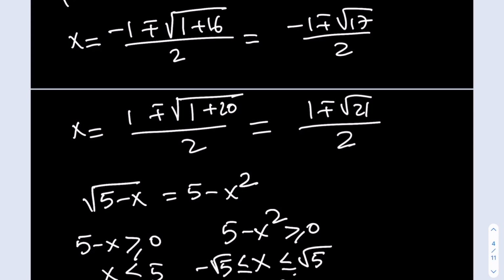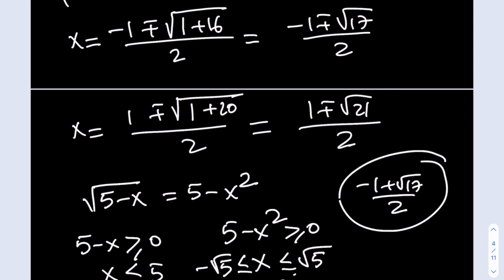Okay, so let's go ahead and check these out. If we take the negative root 17 here, that's about 4. We're going to get negative 5 divided by 2, which is not going to be valid. But what about this one? This one is going to be fine because it's definitely going to fall in that interval. So one of the solutions is going to be this one. What about the square root of 21?